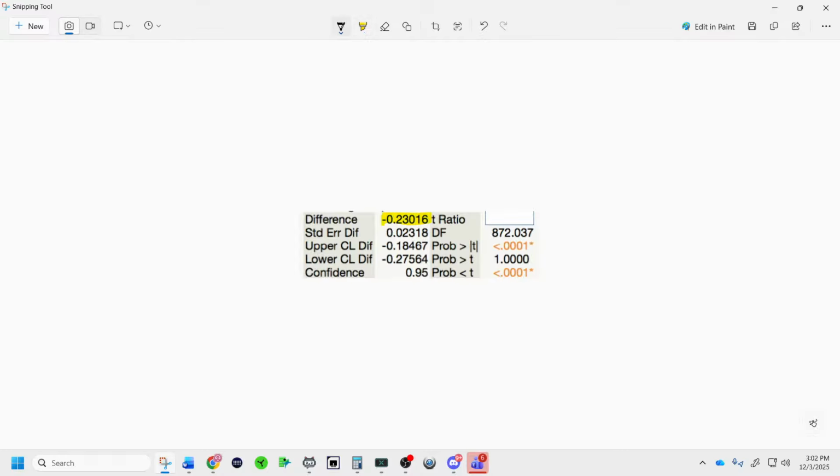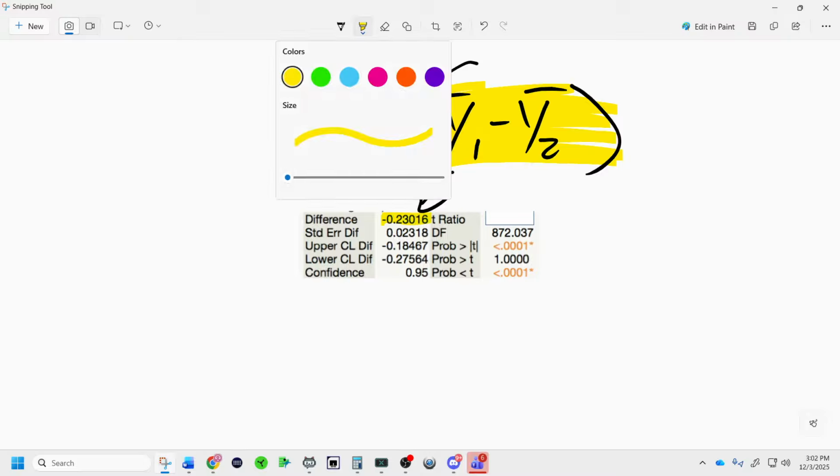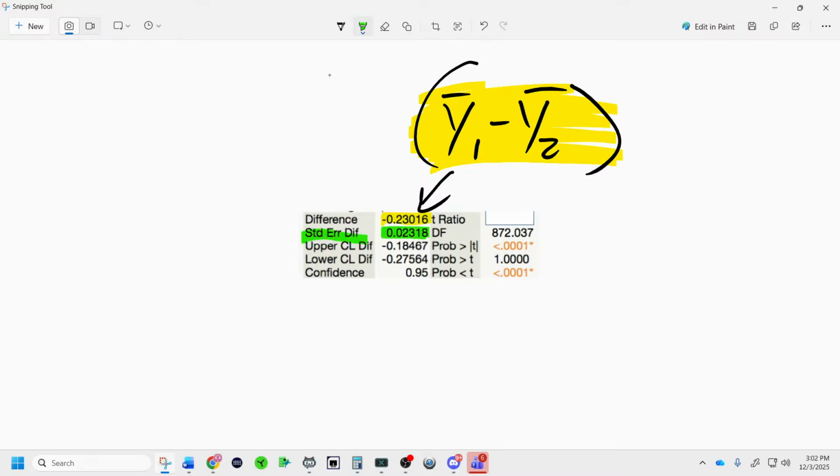This quantity is y bar 1 minus y bar 2. So that quantity is the difference in the means. No, y bar 1's not the difference. This whole thing right here is the difference in the means. That's the difference. Does that make sense?